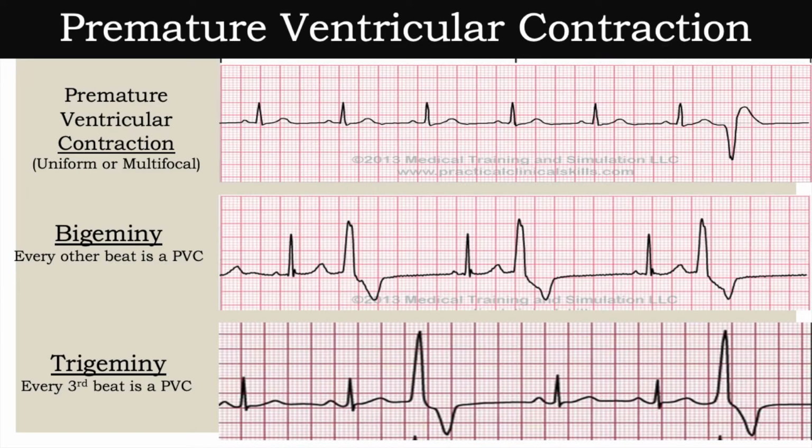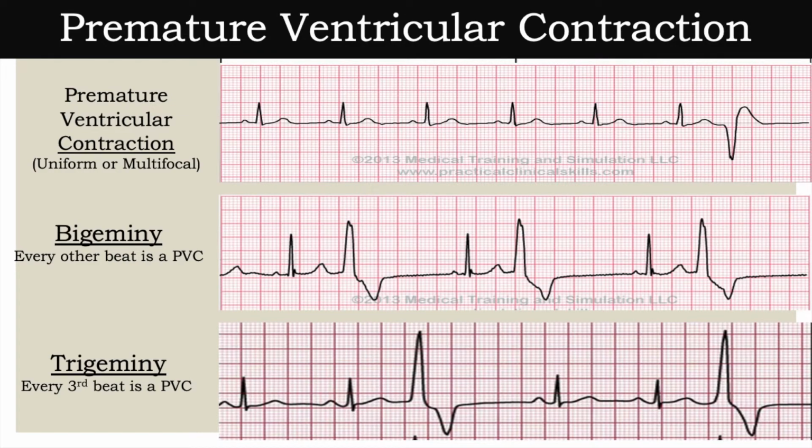So it could be a uniform bigeminy or a uniform trigeminy, or a multifocal bigeminy or a multifocal trigeminy, because uniform and multifocal tell me if every PVC looks exactly like one another. So if they're both pointing down or both pointing up, etc.